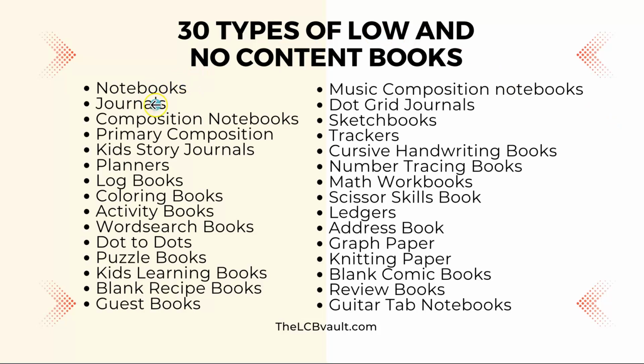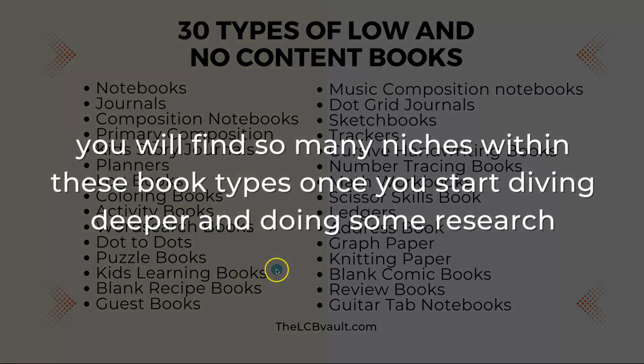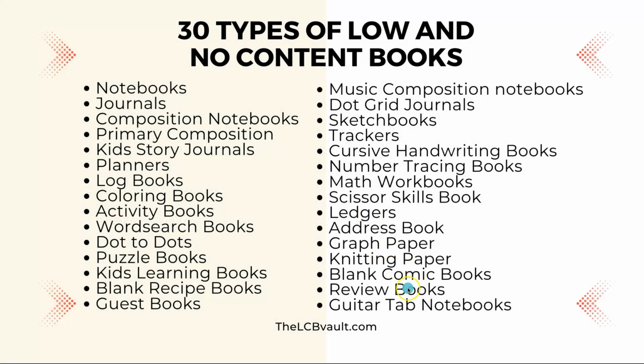But we have notebooks, journals, composition notebooks, primary compositions, kids story journals, planners, logbooks, colouring books, activity books, word search books, dot to dots, puzzle books, kids learning books, blank recipe books, guest books, music compositions, dot grids, sketchbooks, trackers, cursive handwriting, number tracing, math workbooks, scissor skills, ledgers, address book, graph paper, knitting paper, blank comic books, review books, and that guitar tab notebook. So that's 30 types of low and no content books that you can create.